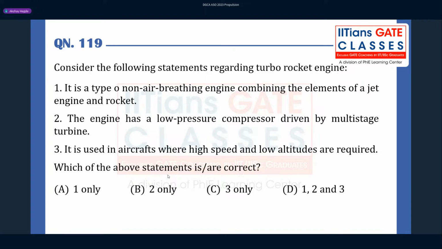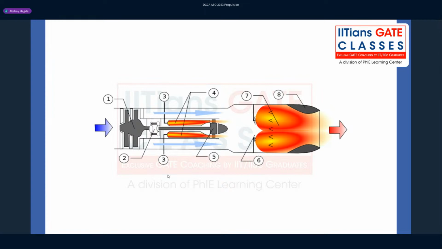Okay, this is a bit of an interesting question because we usually don't see turbo rocket concepts in our propulsion classes, at least in engineering propulsion classes. First, before answering this question, let us see a schematic of how the turbo rocket engine would look.